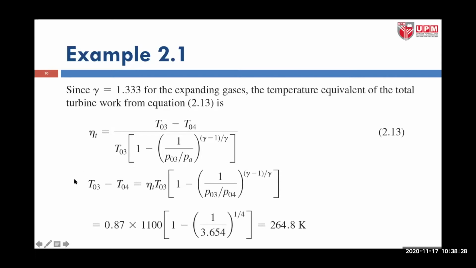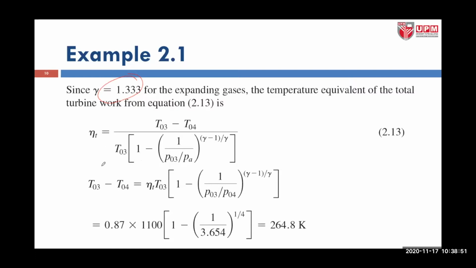It is now 1.33, so you have to take note of this value. It is 1.33 for the specific heat ratio of the expanding gases, for the temperature equivalent of the total turbine work from equation 2.13.